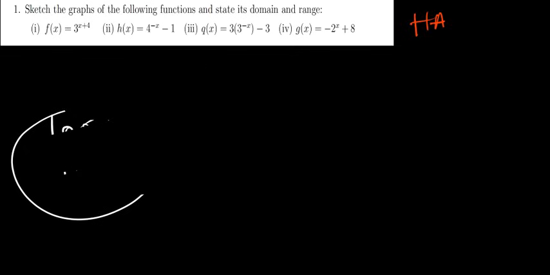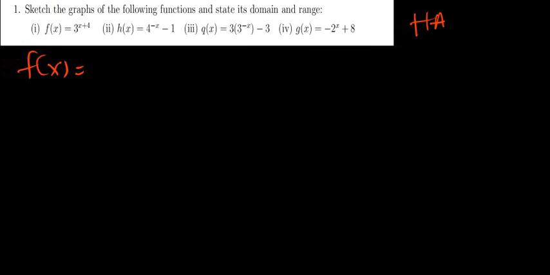Now, whenever we want to know how to sketch the exponential function, we need to know only three things, like I've said. The first thing is to know how to find the horizontal asymptote. So the horizontal asymptote is the number that is not attached to the exponential. For example, the first question that we have here, it is f of x is equal to 3^(x+4).